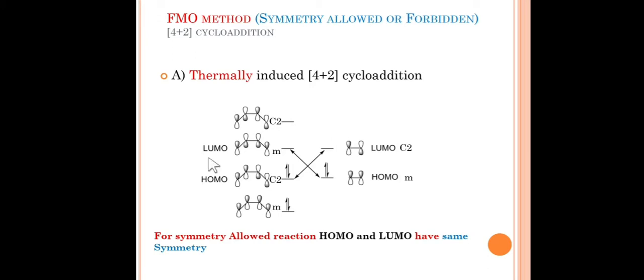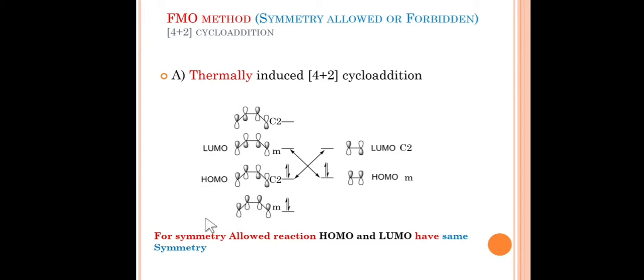For the cycloaddition reaction, we will consider the HOMO of one molecule and the LUMO of the other molecule, that means diene and dienophile. So friends, let's see the HOMO and LUMO of this diene and dienophile.